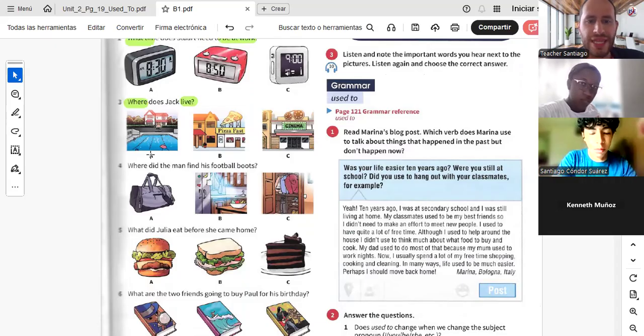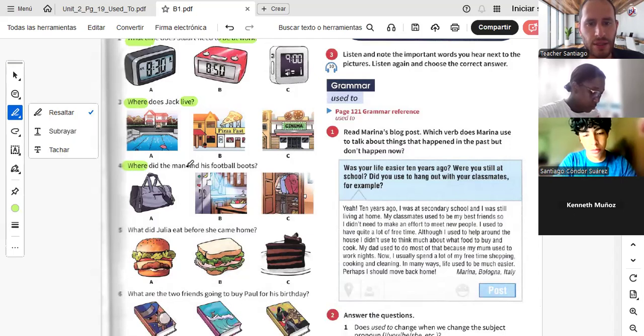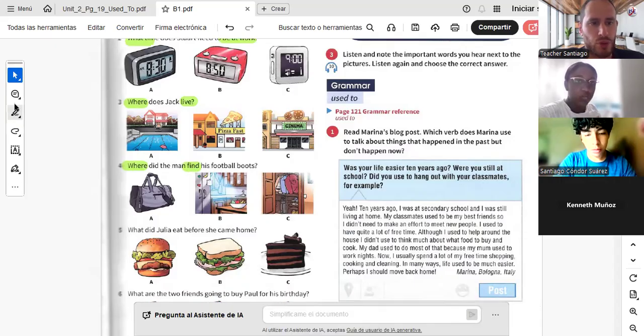Number four, where did the man find his football boots? So in this case, we can say where, because he's asking for a place, and find football boots.